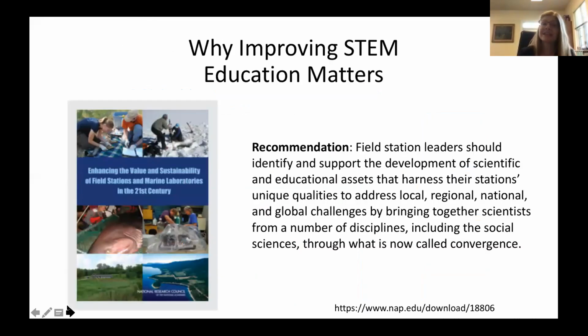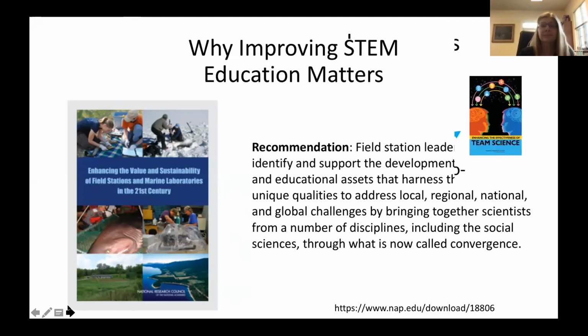And I was really excited to see in the National Academy's report on enhancing the value and sustainability of field stations and marine laboratories in the 21st century that one of the key recommendations was that we really have an opportunity here to bring together scientists from a whole range of disciplines, including our social scientists, to really begin to think about how to address these global challenges.